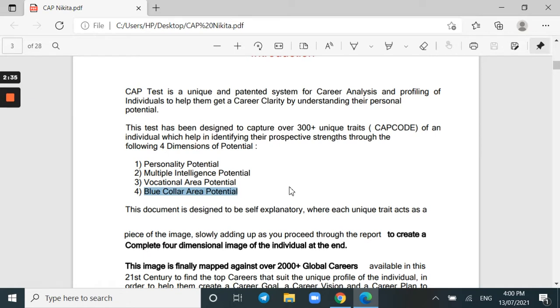We will look at which aptitudes are strong and which are weak. Similarly, with respect to data, which areas you are good at and which areas you need to improve. So blue collar potential gives us a more in-depth idea, or clarity, into the individual student's specific details, which can be used for identifying whether certain careers would suit them, and if they want to succeed in a particular career, which traits they need to improve upon.